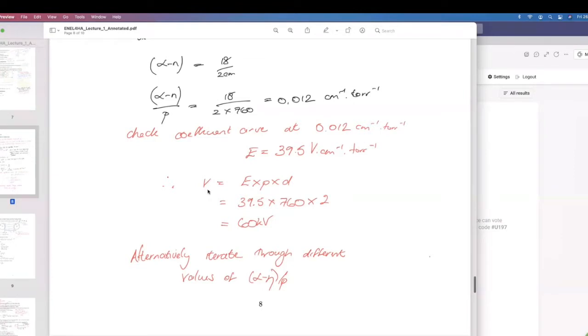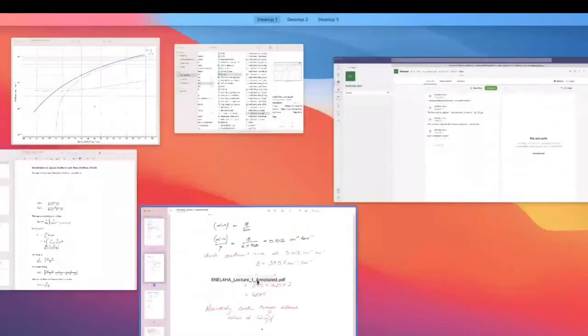So the voltage would be equal to 60 kV. Alternatively, you can randomly select values and you can just iterate. So you'd select a small value, a large value, and just iterate until you find your breakdown voltage.